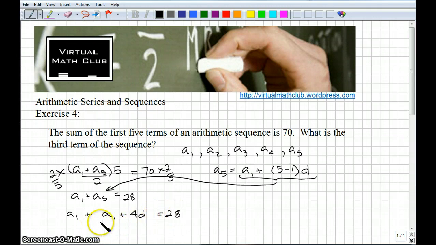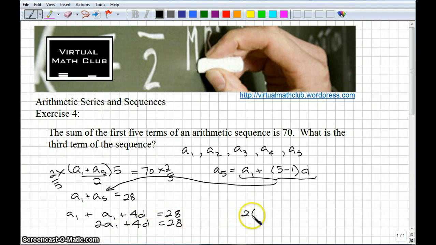So I can add A1 and A1. I get 2A1 plus 4D is equal to 28. Now I'm seeing a factor of 2 in both of these terms, so I can actually factor out a 2. I'm going to write it over here.